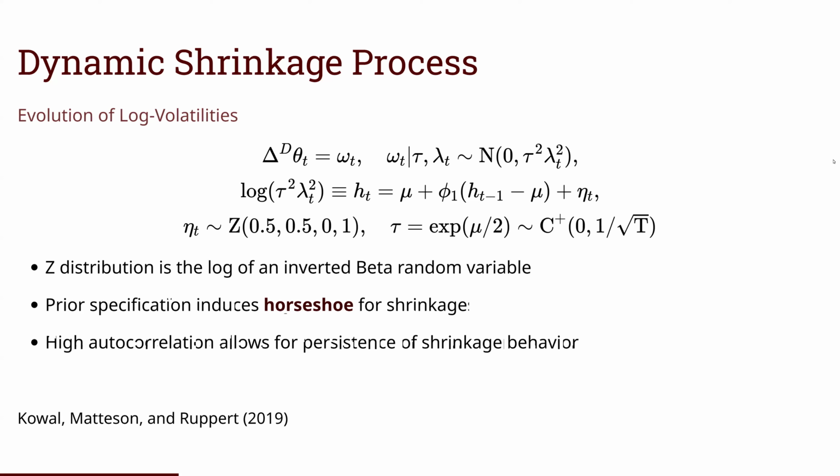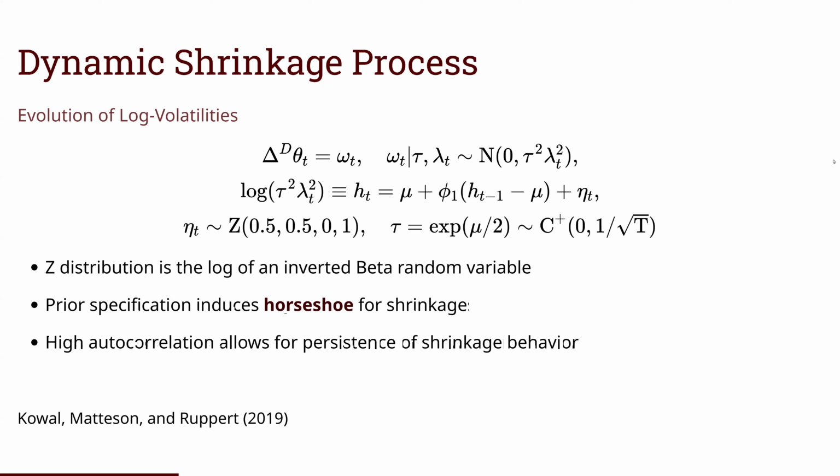So the people visiting, have we heard of horseshoe before? No, okay. Yeah, it's very much a Bayesian thing. You can think of it, well, I'll show you on the next slide. Okay, but the horseshoe is a pretty standard prior these days for Bayesian variable selection and shrinkage.